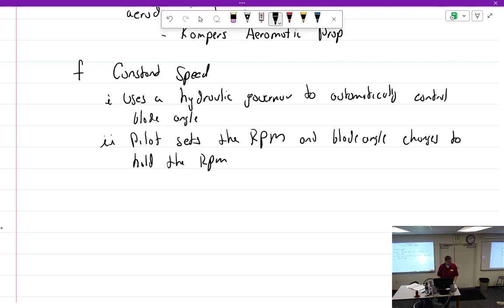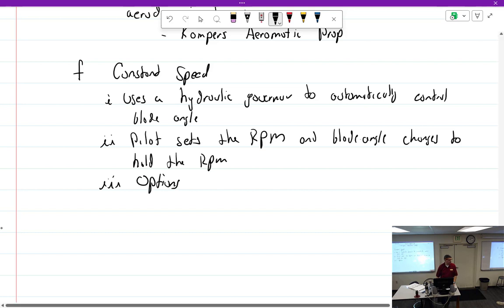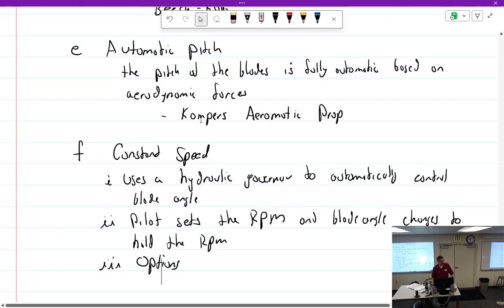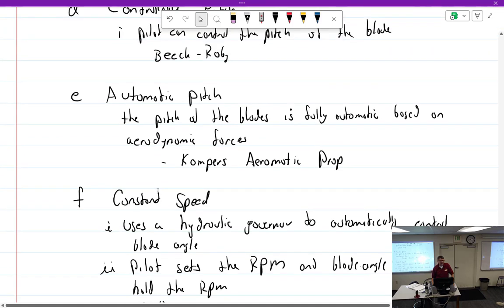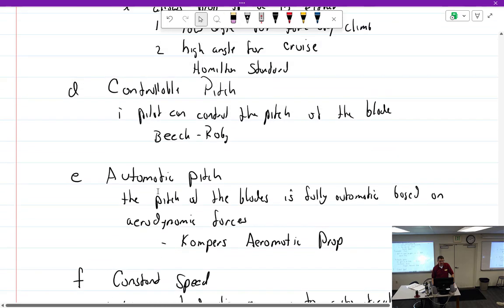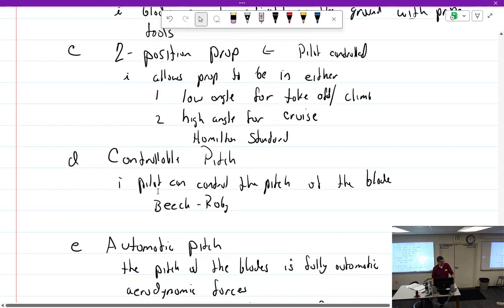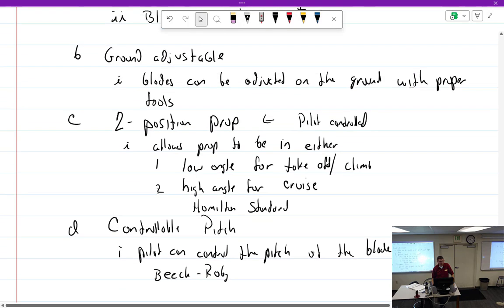Some of these props have been phased out. Well, there's Compers. Their website's still there. They lost their type certificate, but you can buy them for experimental. Nobody's got a controllable Beech anymore. The electric props, they got rid of them. They all went to constant speed. Two-position, I think they're still on.